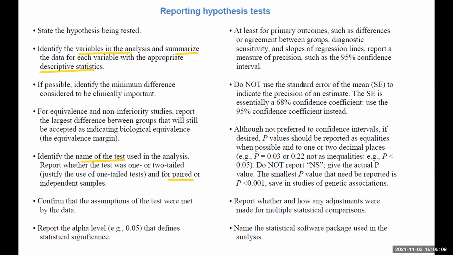And again, they don't like using standard error of the mean. They prefer to use a 95% confidence interval. P-values, again, we discussed this earlier. You should report the exact p-value and not just write p as non-significant. And if you're doing multiple statistical comparisons, you have to justify that using a post-hoc multiple comparison test like Bonferroni or Tukey.